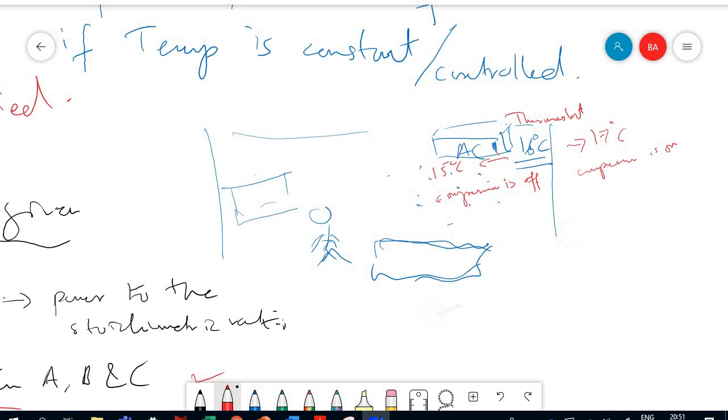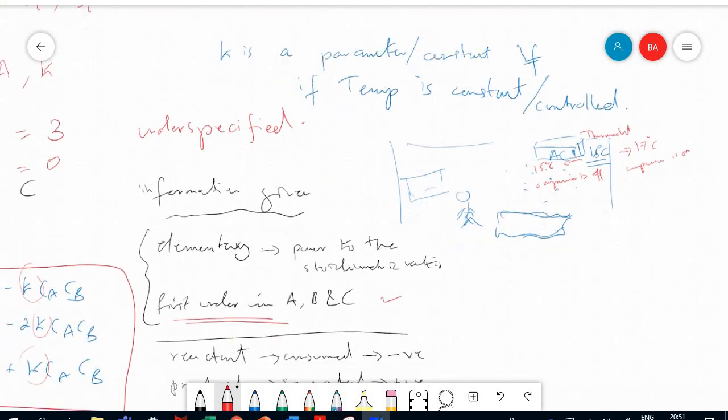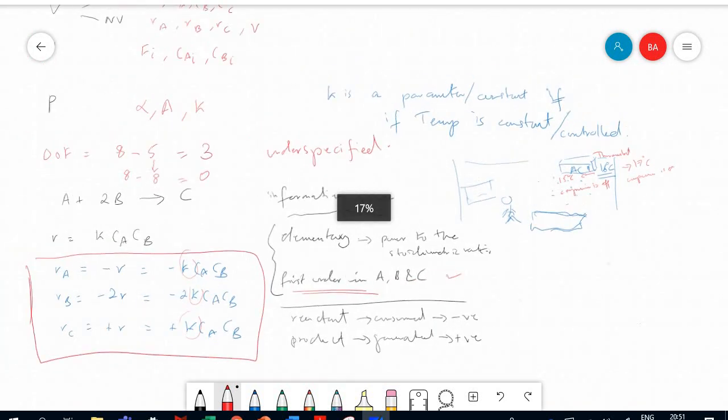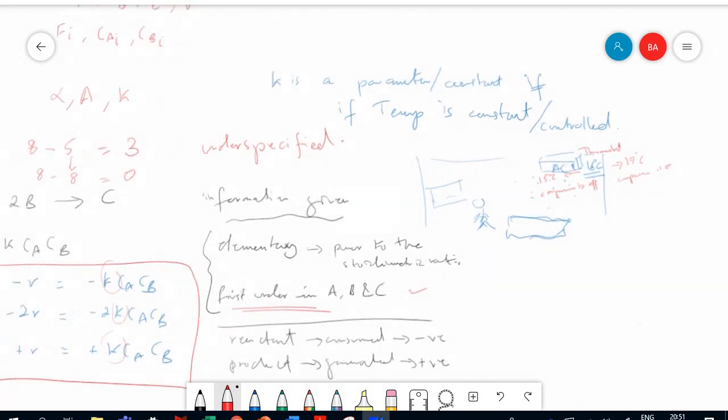So what I'm trying to say here, in our simple example, is that K is a parameter if temperature is constant, or we can say in the problem that it is controlled. That means it does not change with time. And why is all that? If you recall, K is equal to K naught times e to the power minus the activation energy over RT, the Arrhenius equation.